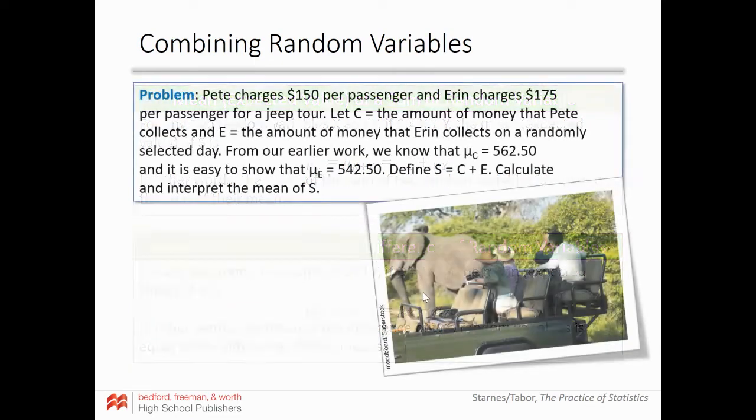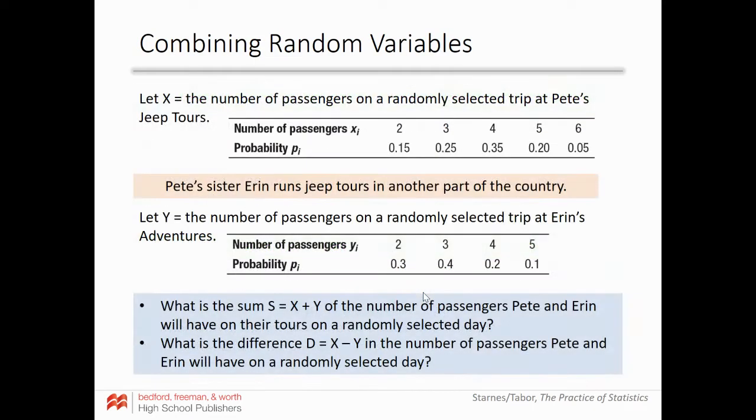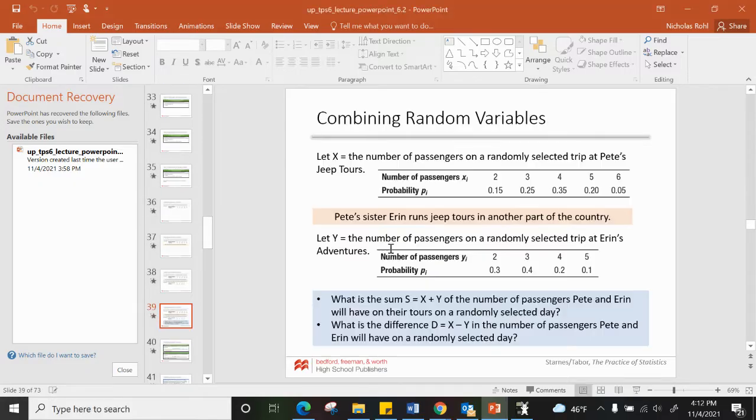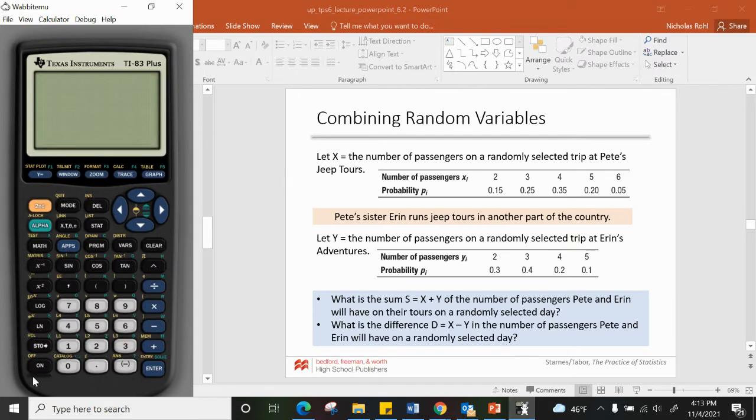Well, actually, how much does she charge? Erin charges 175, so you'd have to multiply these all by 175. Let's see if I can do some math. So stat, edit. It's not going to be 2, it's going to be 2 times 175, which is 350.